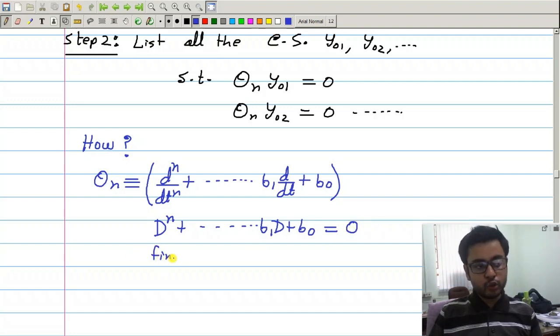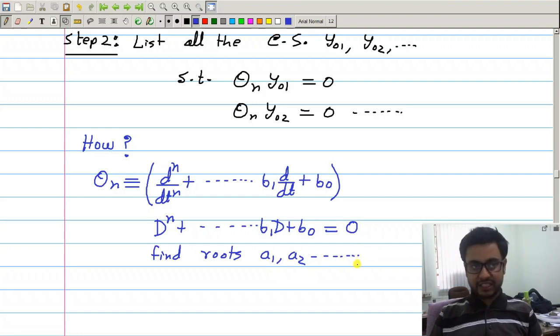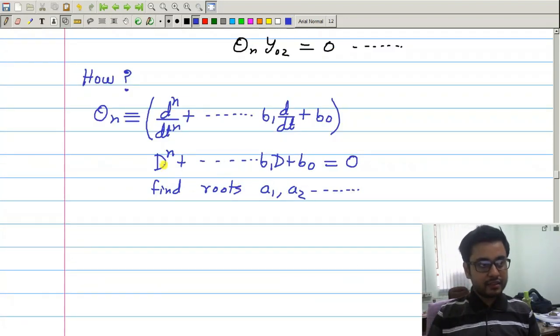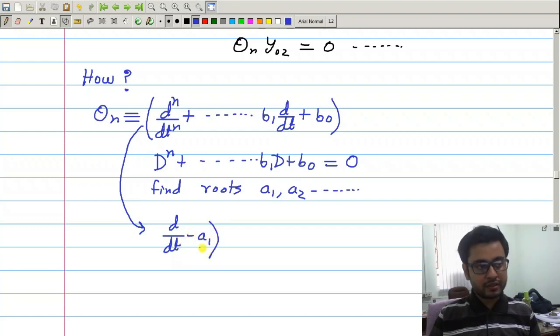We will find the roots or solutions of this polynomial equation, call them a1, a2, etc. We can have a total of n roots, but some of these roots can be repetitive, and then you can write this as (d/dt minus a1)(d/dt minus a2) and so on.